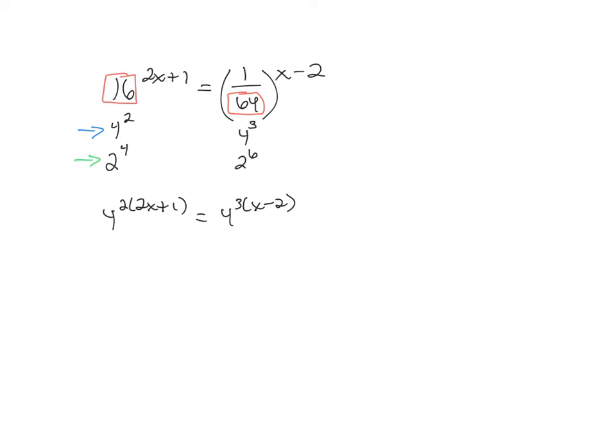Okay, so now I've made my bases the same. So I'm just going to write the part that's in the exponent. And I've got to distribute: 4x plus 2 equals 3x minus 6.